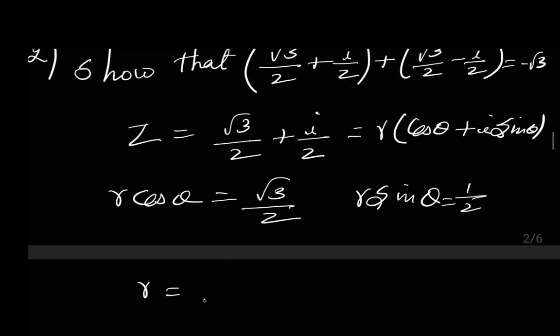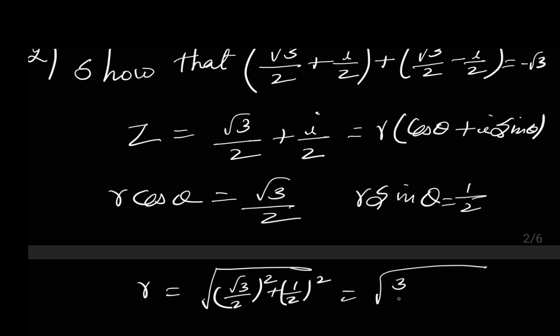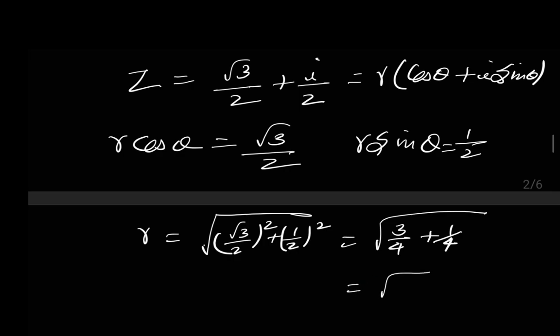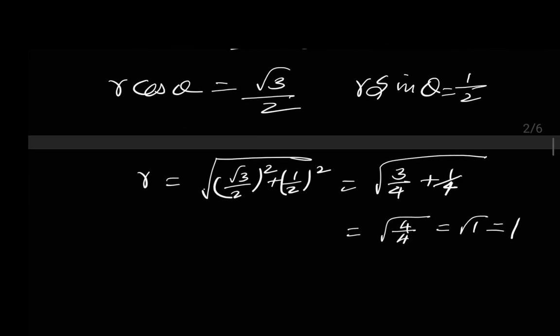r is equal to root of x squared plus y squared, that is root of (root 3 by 2) the whole squared plus (1 by 2) the whole squared. That is 3 by 4 plus 1 by 4. So 4 is the LCM, 3 plus 1 is 4. So root of 1 is 1, the value is 1.